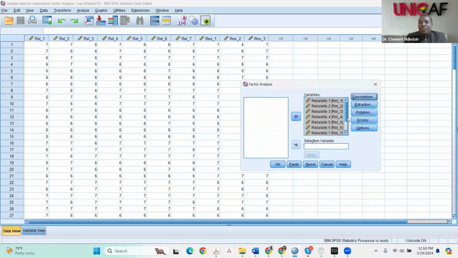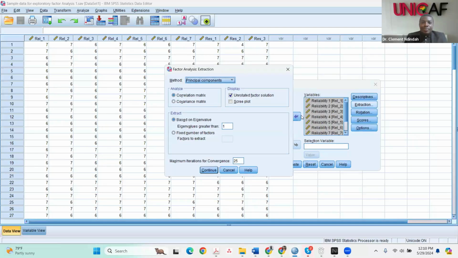Okay, click on Continue. We come to Extraction. Yeah, it's good to always have it on Principal Component Analysis, okay? Most of the time when people are running exploratory factor analysis, they make use of principal component analysis, but others also make use of maximum likelihood and principal factor analysis. That's for other situations.